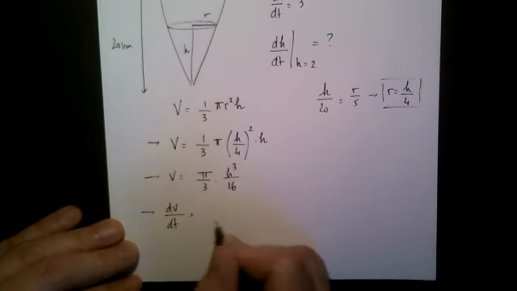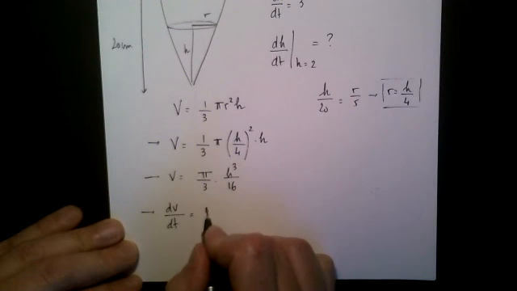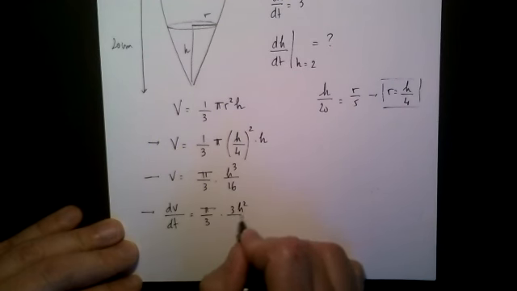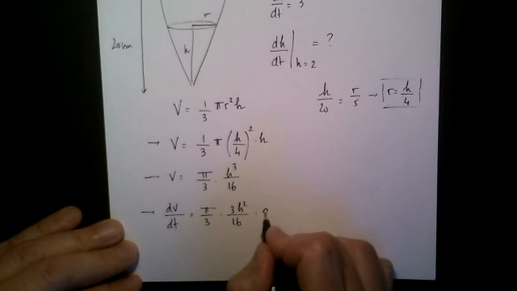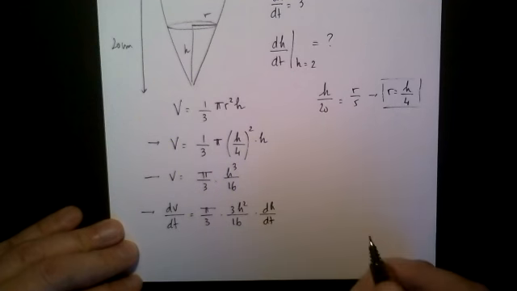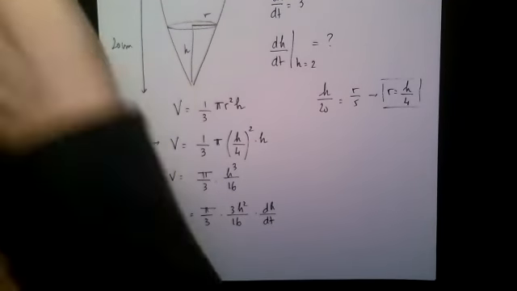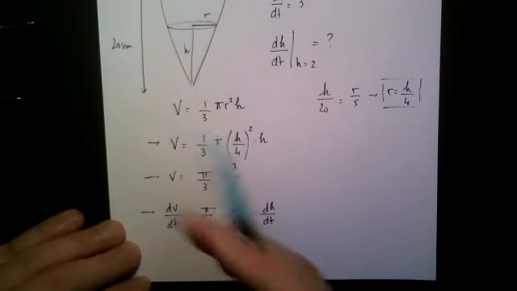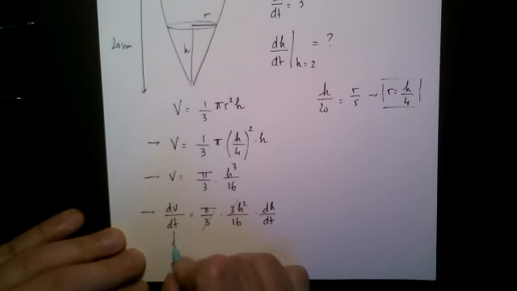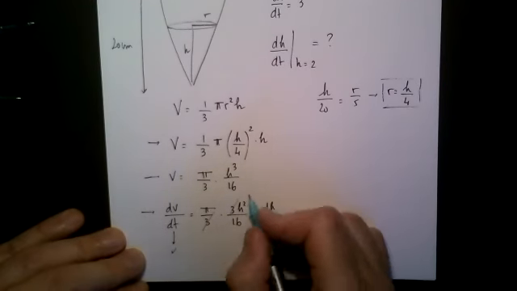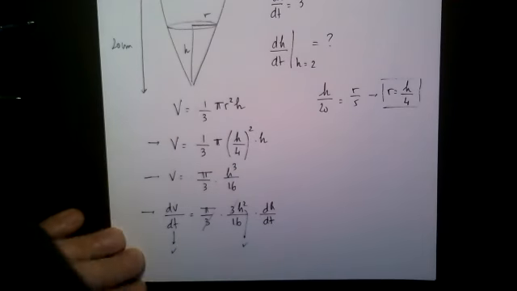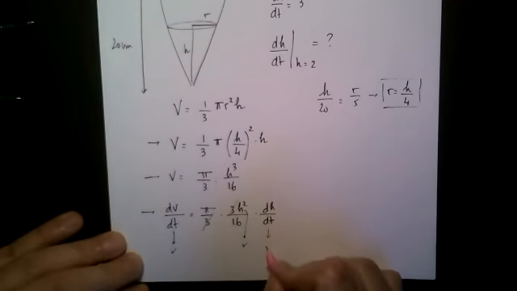So dV/dt is equal to pi over 3 times 3h squared over 16 times dh/dt. Okay, so dV/dt is given, h is given, it's 2, and dh/dt is what I'm looking for.